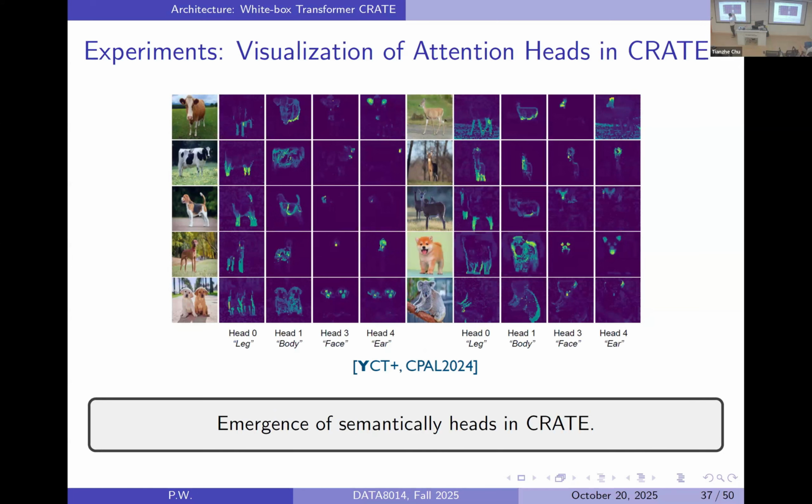Like head 0 corresponds to leg, head 1 corresponds to the body, the framework of the body, head 3 corresponds to the face of these images, and head 4 corresponds to the ear. For some other images, it also corresponds to leg, body, face, and ear. It's very consistent. That is what we have observed here, the emergence of semantic heads in CRATE.